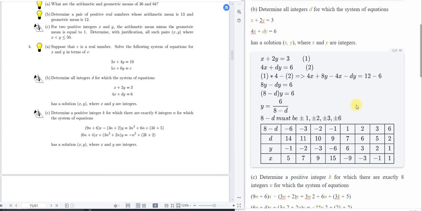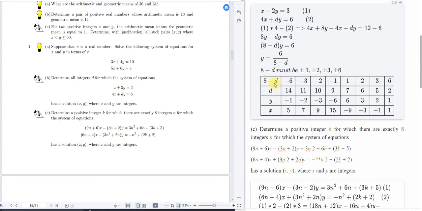So let's see the table here. If 8 minus d equals minus 6, d equals 14. y is minus 1, x is 5.